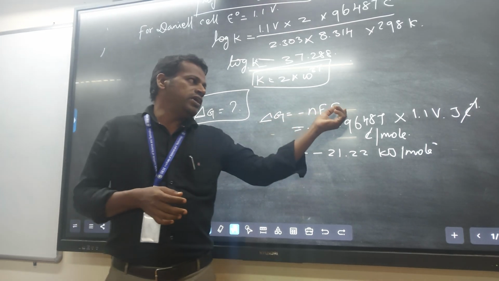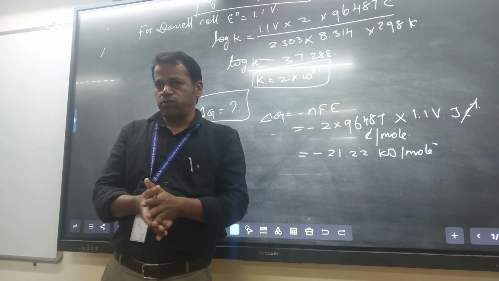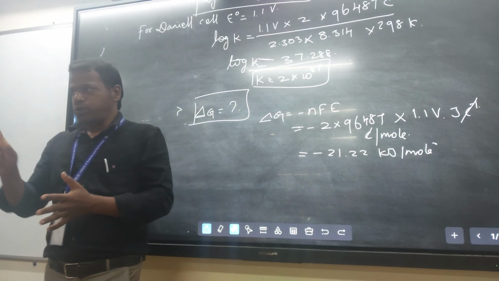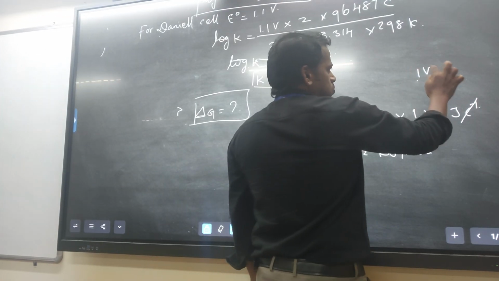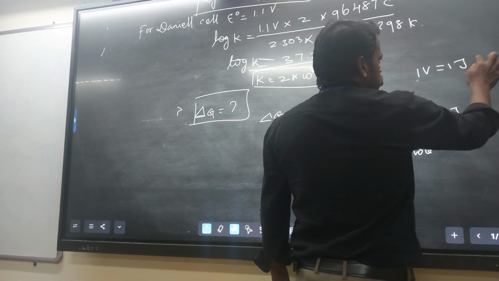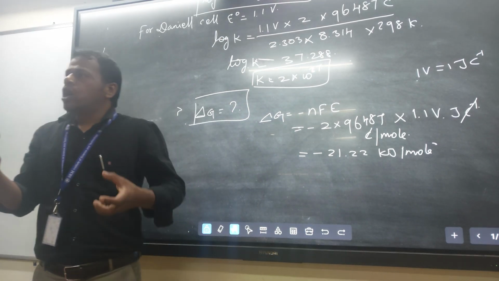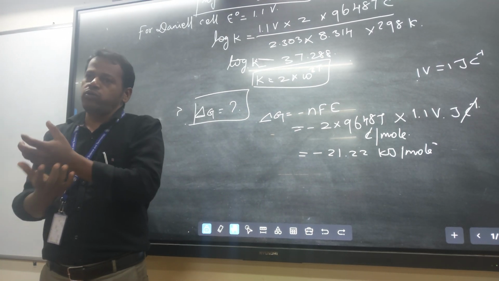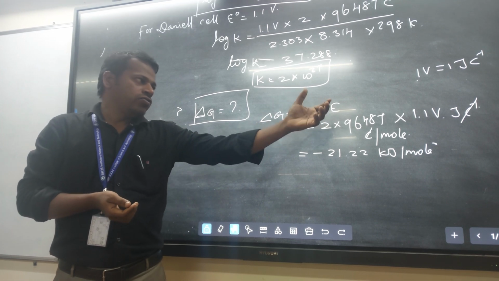Only the delta E is the standard reduction potential for the Daniel cell, 1.1 volt. 1 volt equals 1 joule per coulomb. That is the meaning of volt, right? Volt means how much joule is there per coulomb. Therefore, you substitute.